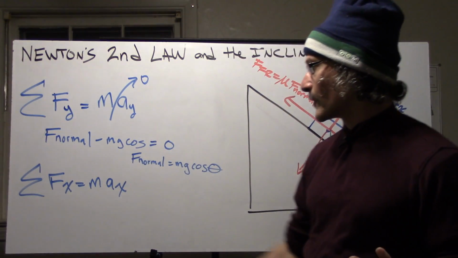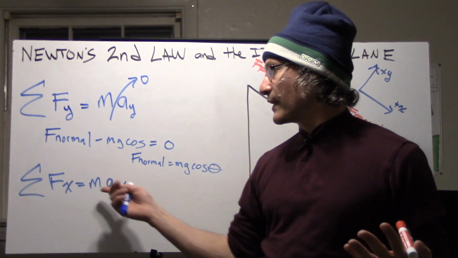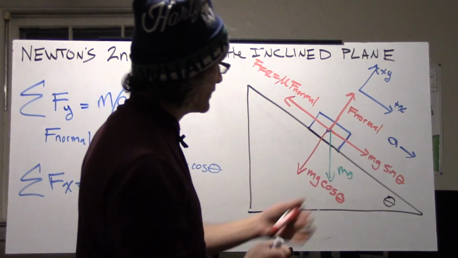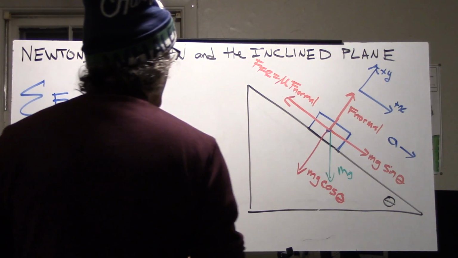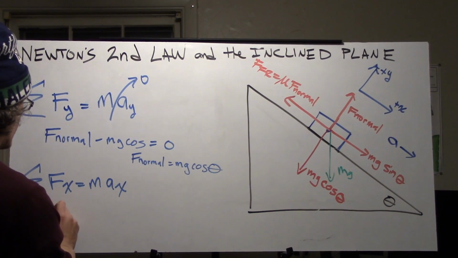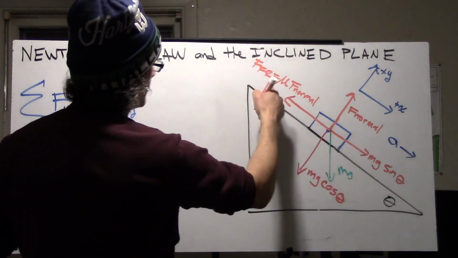Right on. All right, how about the x direction, where all the action is, where we got the acceleration? That's the motion. Okay, this mass will accelerate because of this net force in the x direction. Well, I've got in the positive direction, going down the slope, mg sine of theta. I'm going to just do that in different colors so it sticks out. Mg sine of theta minus mu force normal.